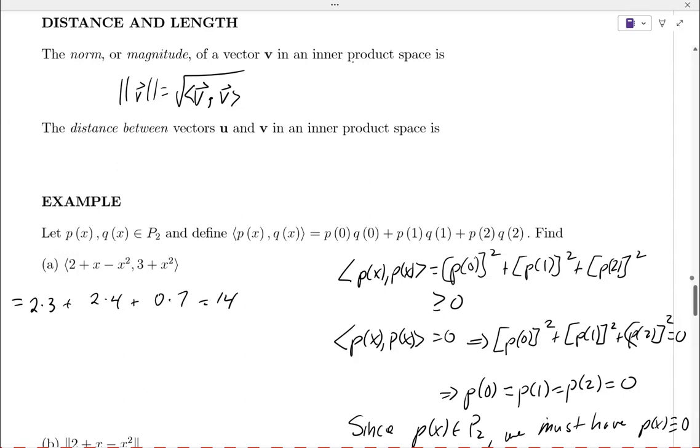A lot of times we get rid of the square root because it causes issues when we're trying to do some computations. We'll do this later here as well. But a lot of times you'll see this written this way, and then I don't have that ugly square root in it. The magnitude squared is just the inner product with itself.